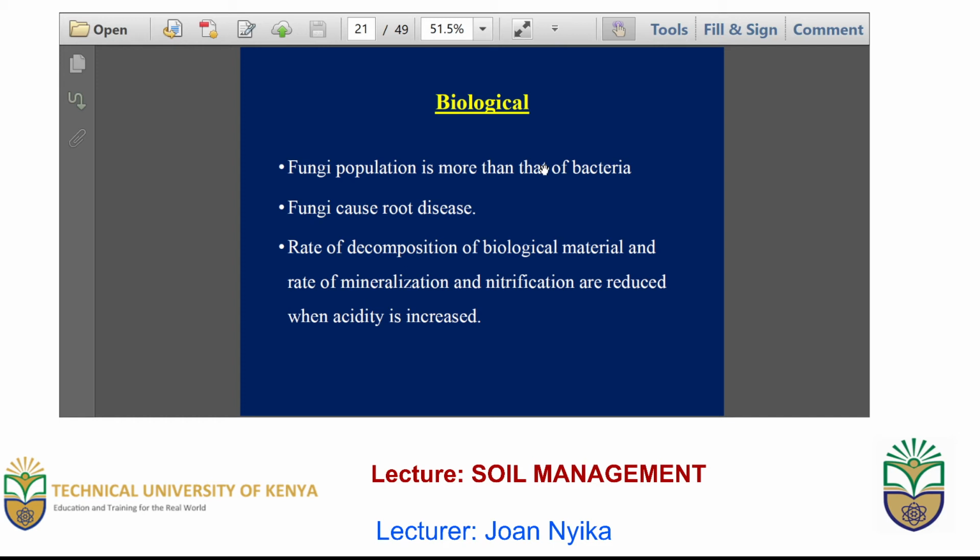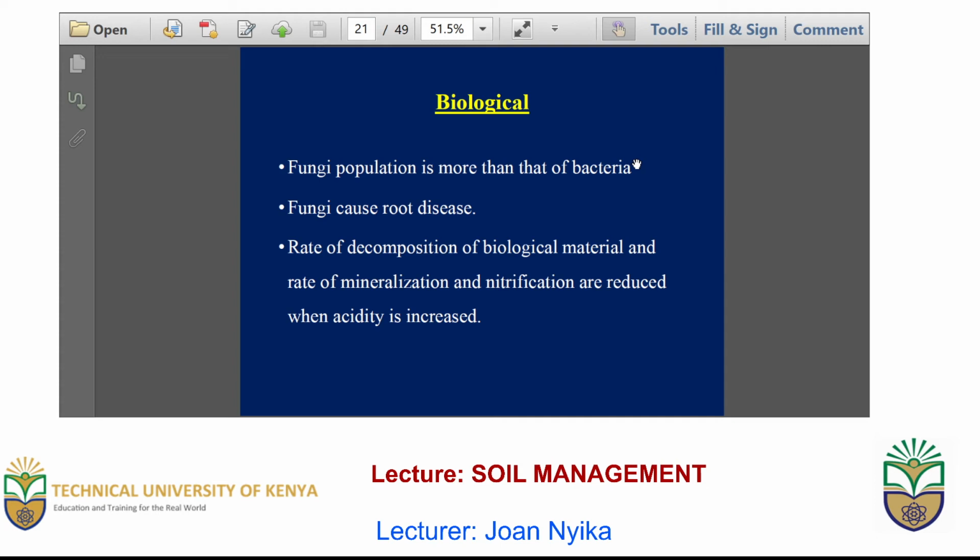Another reason is that most of the microorganisms in the soil that are used to make the soil structure are in the form of bacteria. This means that if you have got a higher fungi population, then the ability of the soil to make soil organic matter or improve its structure is diminished, and there is a likelihood of causing root diseases.